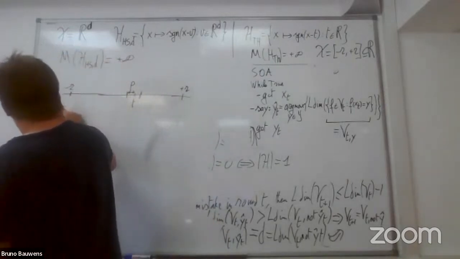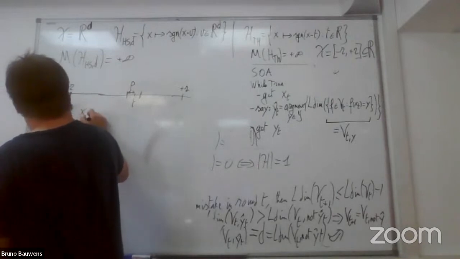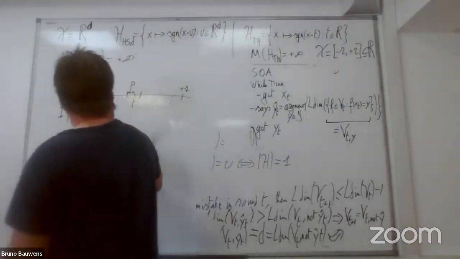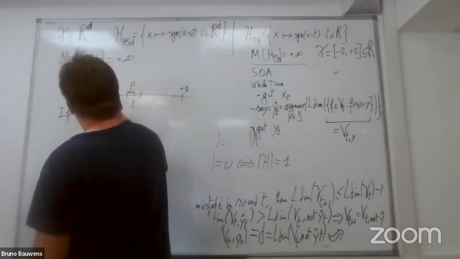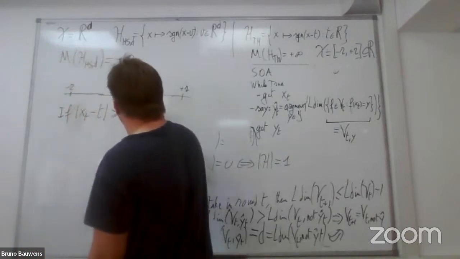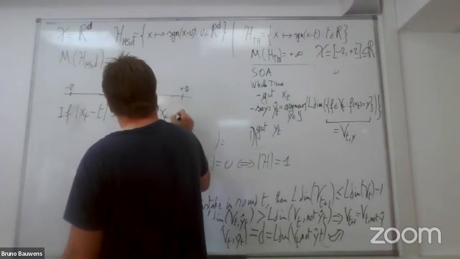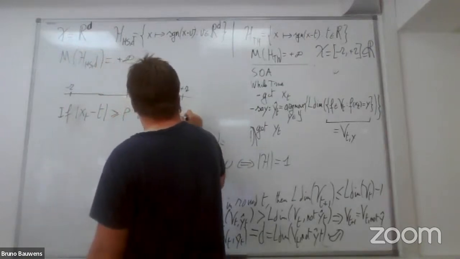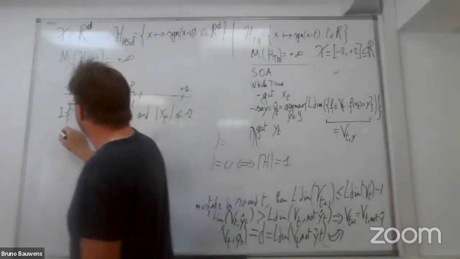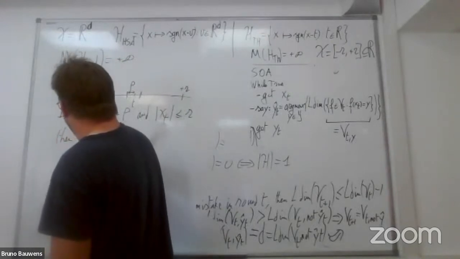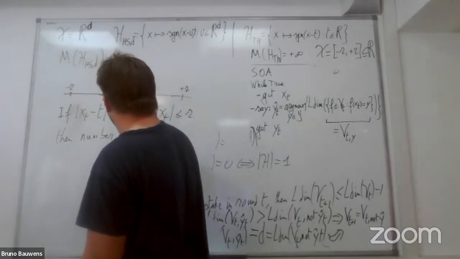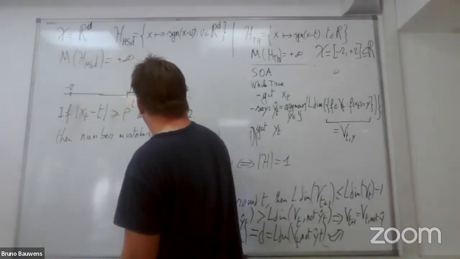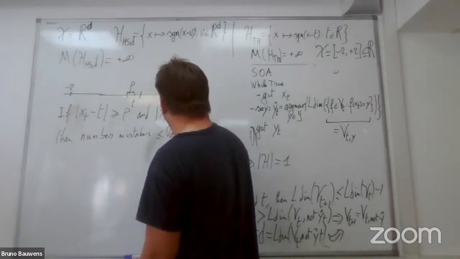So what I'm saying is that if xt minus the true threshold is always bigger than rho, and xt is at most r, then the number of rounds with mistakes, so the number of mistakes, is bounded by log r over rho.